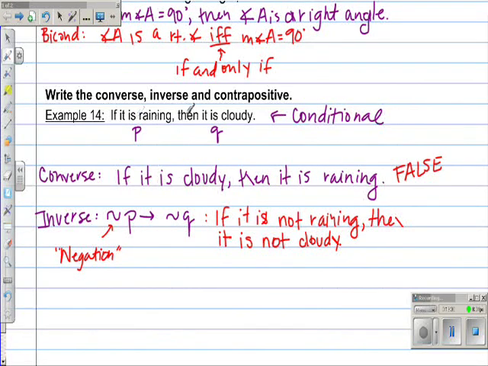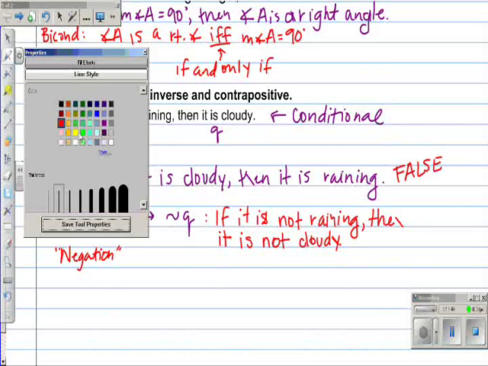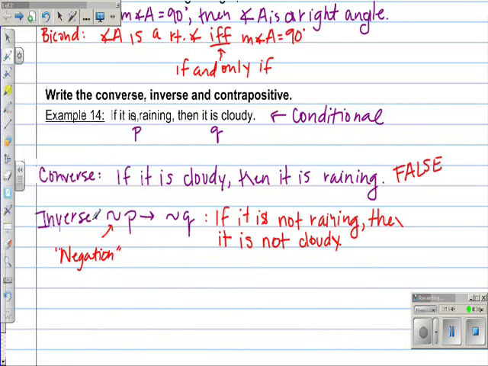The opposite of P implies the opposite of Q. Now, we can see that if it's not raining, then it's not cloudy. That's saying the same thing as, if it is raining, then it is cloudy. Your converse and your inverse are always going to be the same. Either they're both true or they're both false. So this one right here is also false. These will always be the same for converse and inverse.